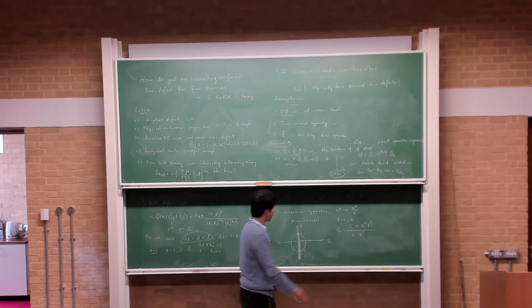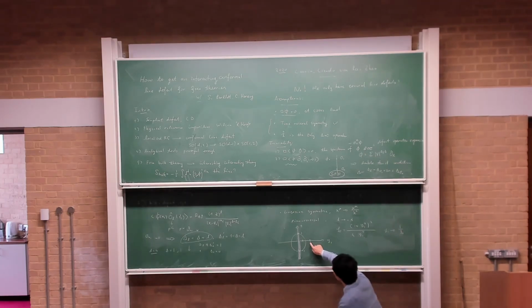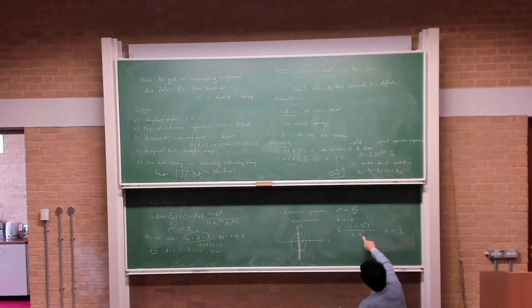The inversion tells us that y1 goes to 1 over y1. And then these two are basically related to each other by inversion. This, in some sense, reveals the fact that this cross ratio is inversion invariant. The problem it brings to us is that it cannot distinguish whether a point is outside this unit circle or inside this unit circle.